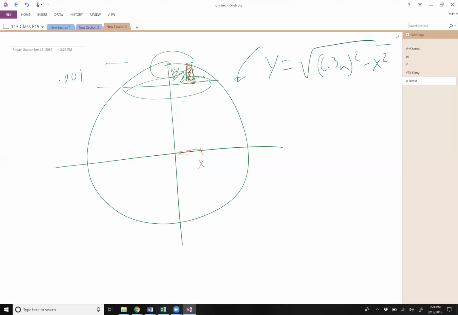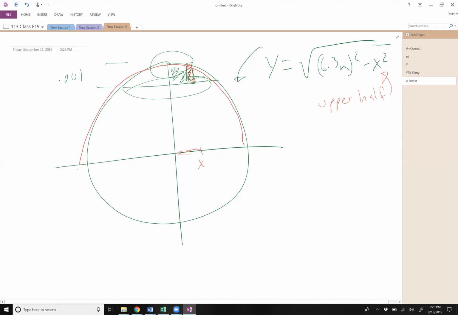That's just the upper half. No, that'll give you this whole thing right there.